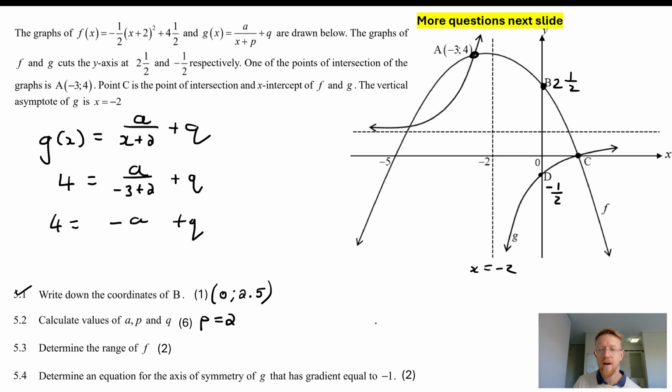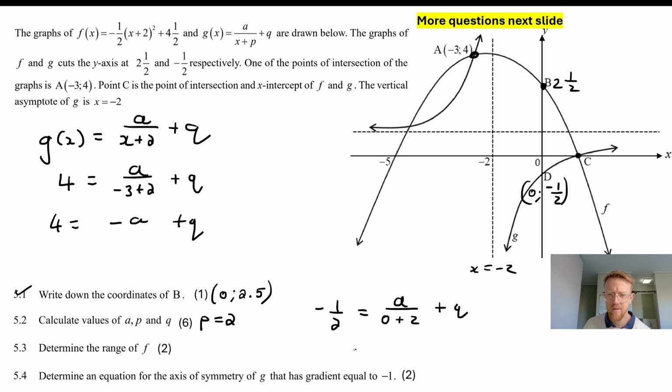So now we go find another point on that equation. So we restart, and we can use this point over here. We can't use this point because that is on the parabola. But this point we can use. So remember, it's going to have an x value of 0 and a y value of negative 1/2. So we say negative 1/2 equals a over the x value of 0 plus 2 plus q.